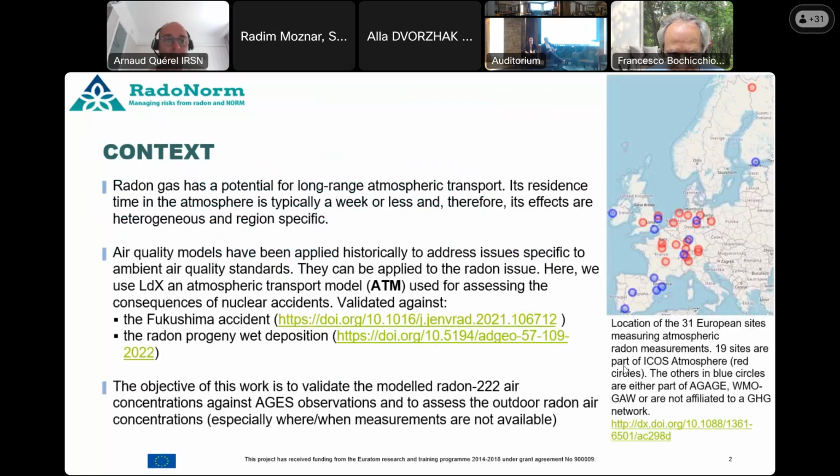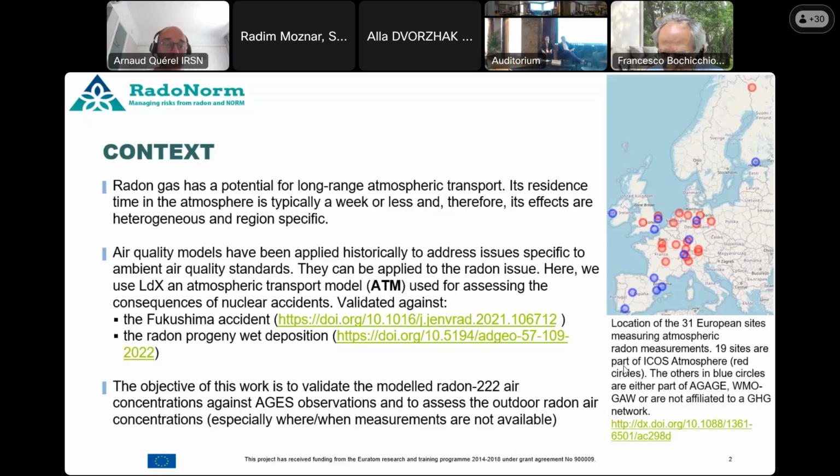So the context is that radon has a half-life of 3.5 days. This leads this gas to be transported across long distances, typically across the whole continent. To model this behavior of outdoor radon, we are using LDX, one of the IRSN atmospheric transport models, dedicated primarily to crisis management and long-distance contaminations.